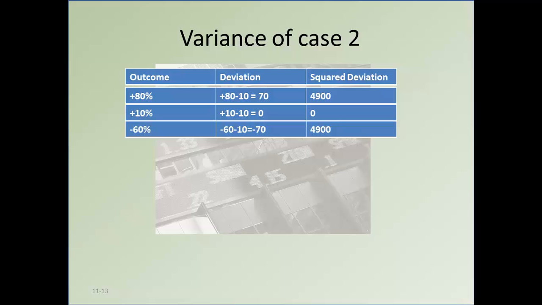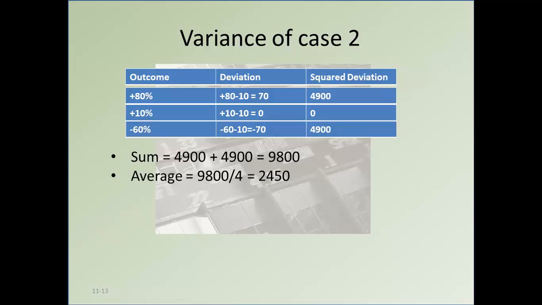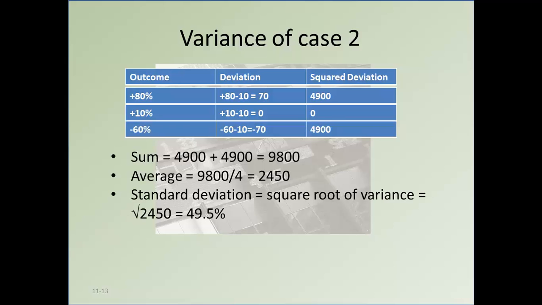The square is 4900. Now let's calculate the variance using the same formula that we just discussed. So it's 1 by 4 times 4900 plus half times 0 plus 1 by 4 times 4900. So the sum of square deviation would be 9800. The average would be 2450, and the standard deviation would be 49.5, or the square root of 2450.